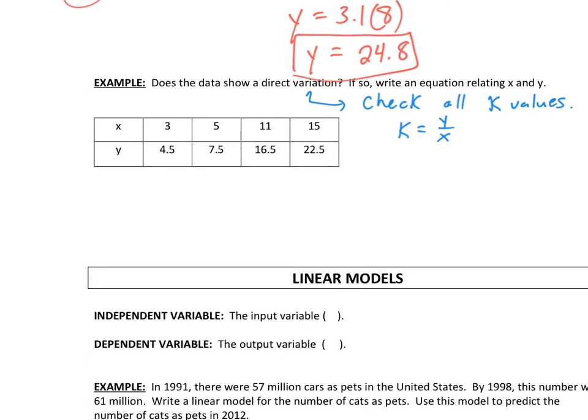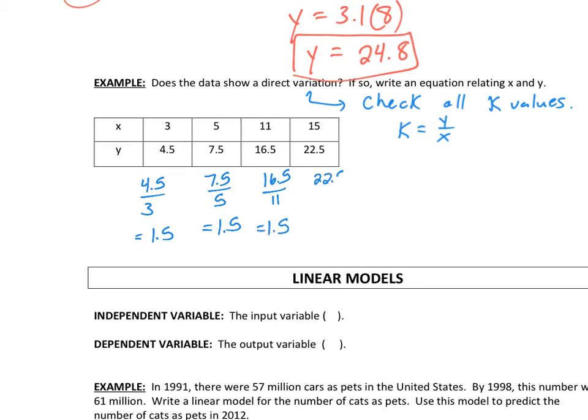So for the first one, we would do 4.5 divided by 3, which is 1.5. Then we'll do 7.5 divided by 5, which is also 1.5. 16.5 divided by 11 is 1.5.